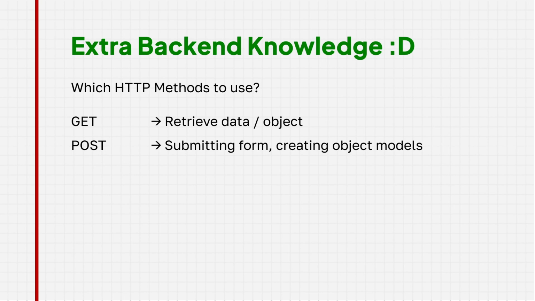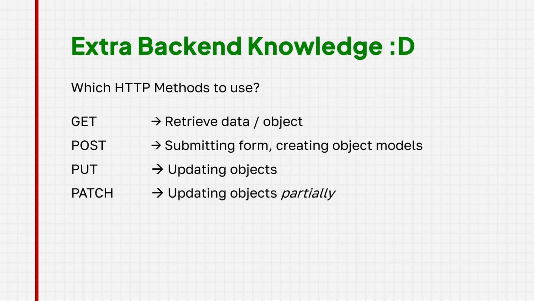So whenever you create a new entry, most of the time we will use the post method. Put method is for updating objects. Patch is if we want to update objects partially. That means you don't want to update every single key, then we can just partially update something. That's when we use patch, and I think delete is quite self-explanatory. Okay, any questions? Some extra stuff.